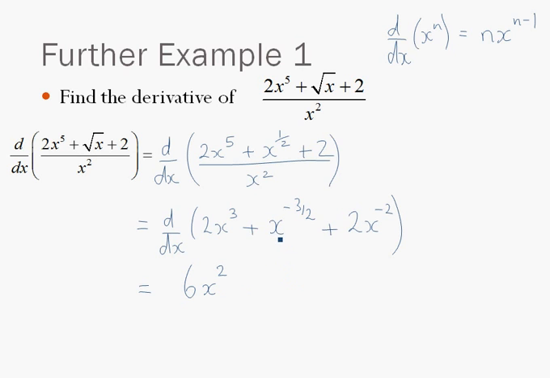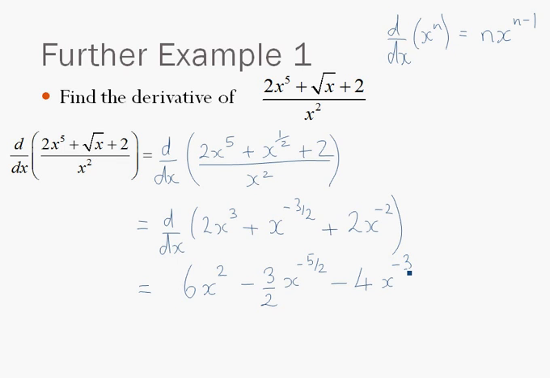The next term becomes, bringing down the power, minus 3 over 2, x, subtracting 1 from the power will give x to minus 5 over 2, and then finally bringing down the power, and the last one brings down minus 2. With the 2 already there, that will give us a minus 4 as the multiple, x to the minus 3.